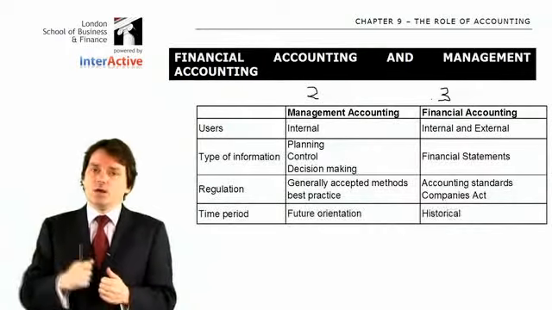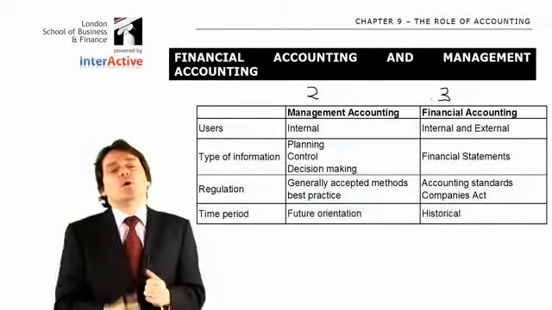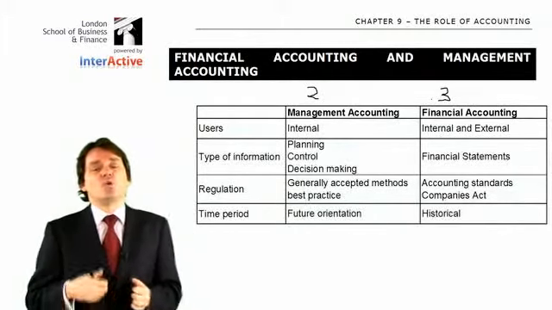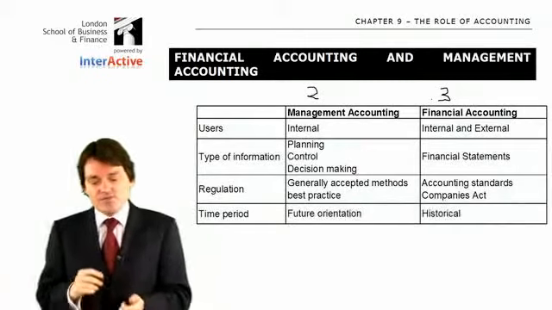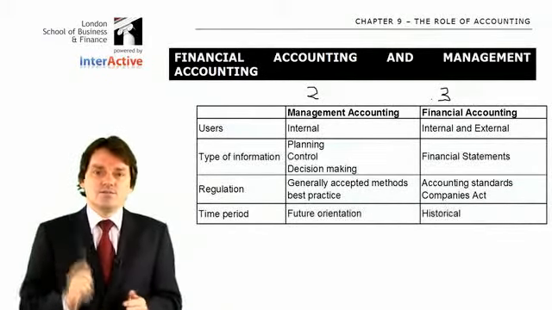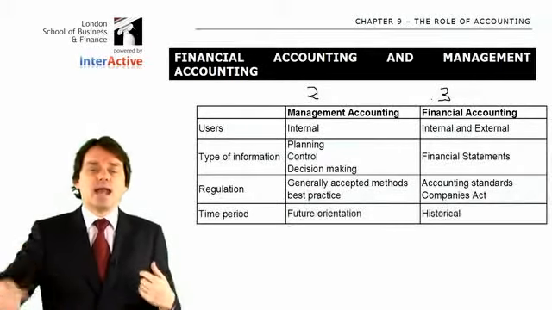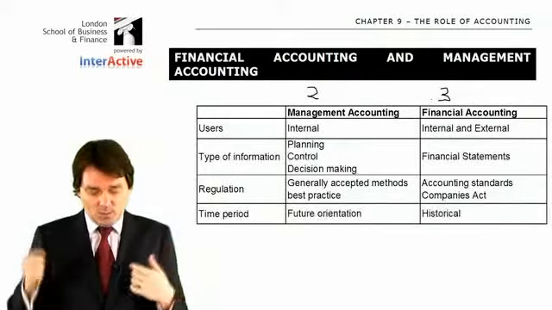It looks backwards to look at what we have done with variances, but it also looks forwards to look at what we are going to do next. And by the time you get to P5, if any of you decide to do that, looking forwards is a very, very big deal. We need to plan ahead to run the business and make decisions about what to do next.